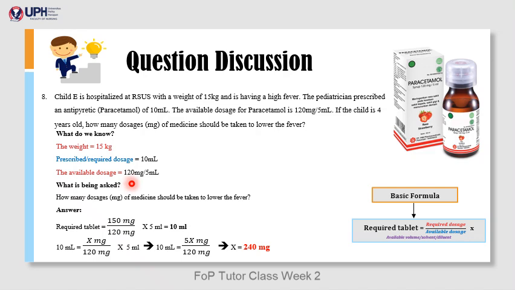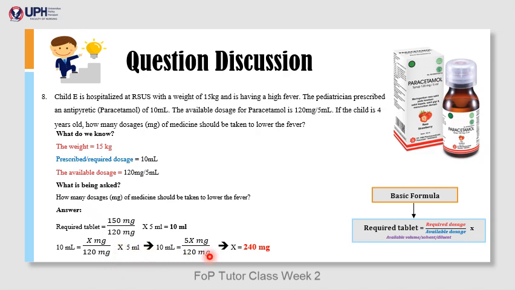Now we're going to look at how many milligrams is inside 10 milliliters. So you put into the formula the required prescribed is 10 milliliters. We don't know how many milligrams, but we know it has 120 milligrams times 5 milliliters for the available dosage.